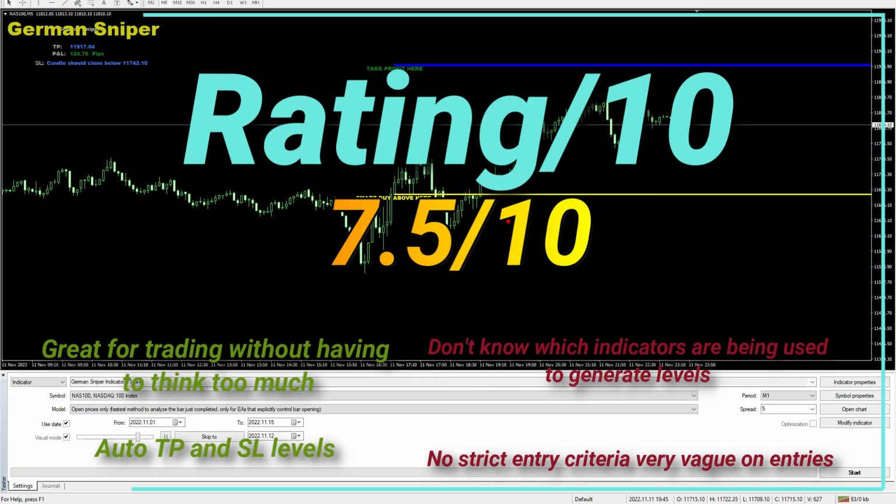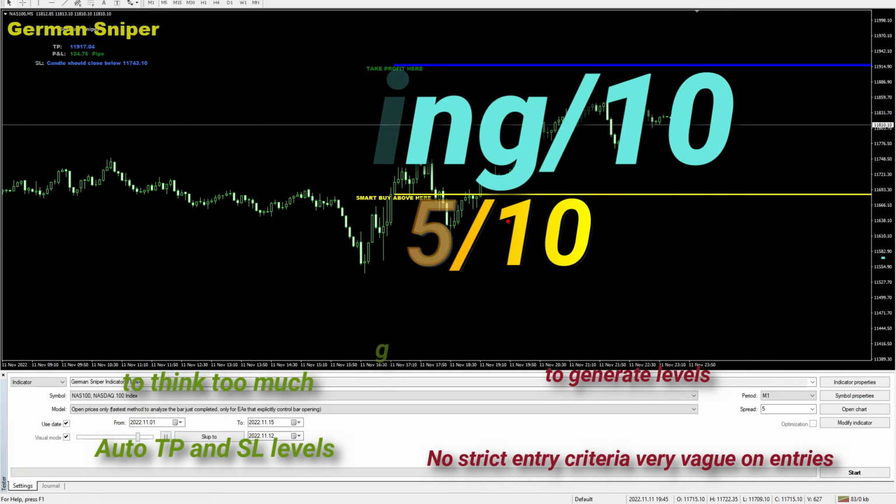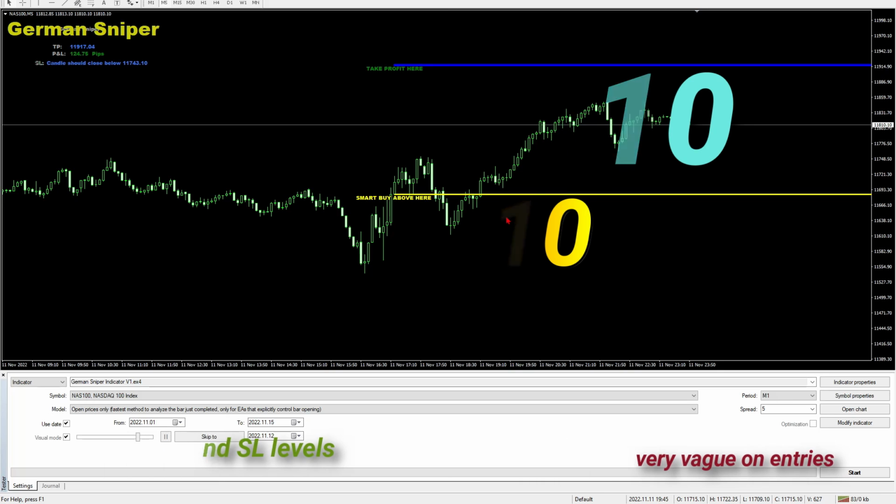But what you can never tell is, if it's 50%, whether the losing 50% is higher in pips than your wins. So you could have a 50% win rate, but your losses are 1,000 pips and your wins are 500. But when you apply your own principles and rules to it, the win rates do go up to 70 and 80% as shown in this video.